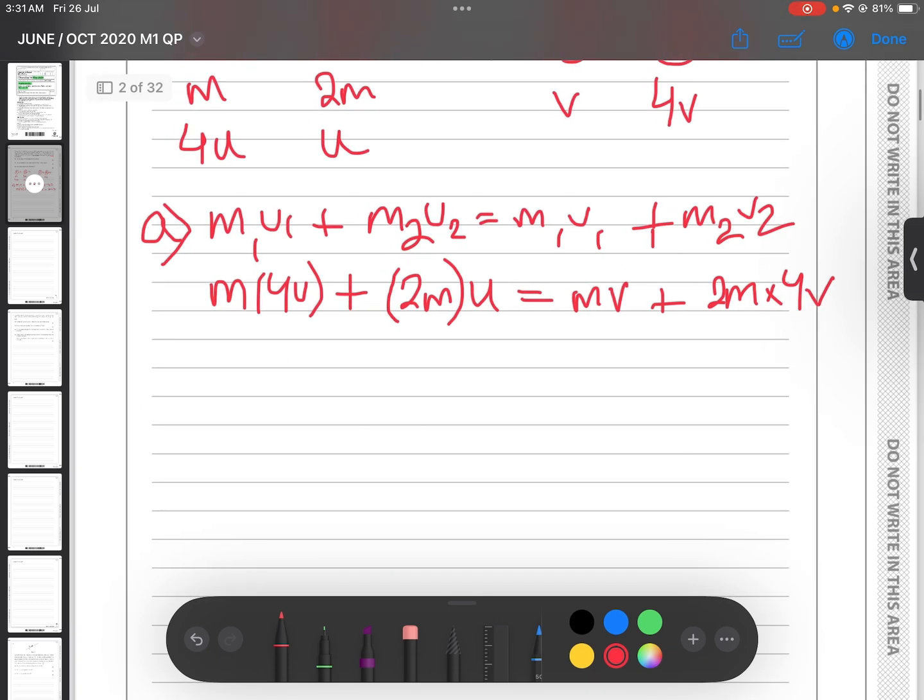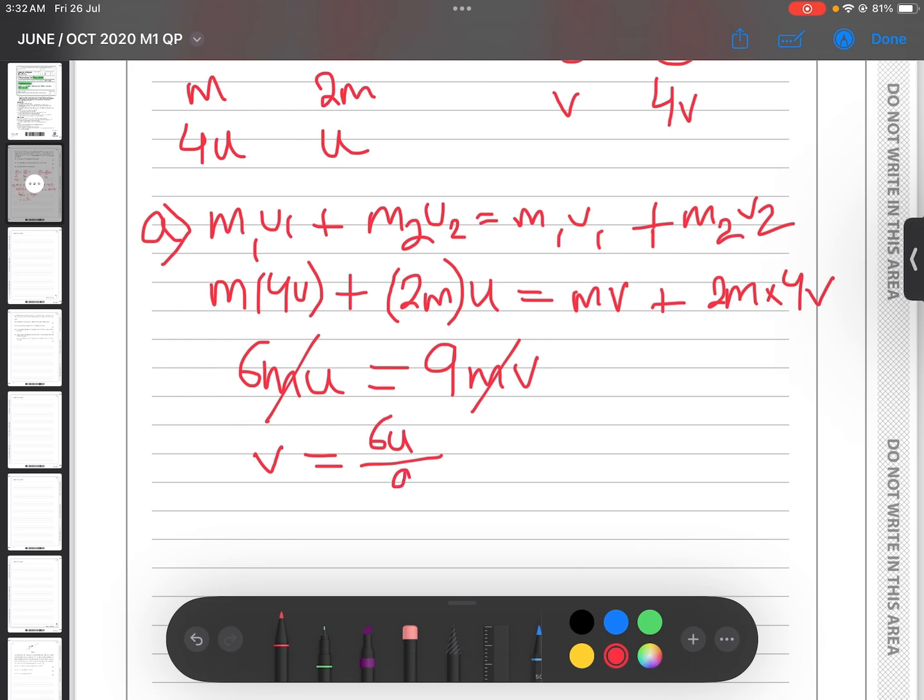Next we just have to simplify everything. 4mu plus 2mu is 6mu. This is going to become mv plus 4 twos are 8, 8mv, which is 9mv. M and m are going to get cancelled. Velocity v equals 6u over 9, which gives me 2 by 3 u.